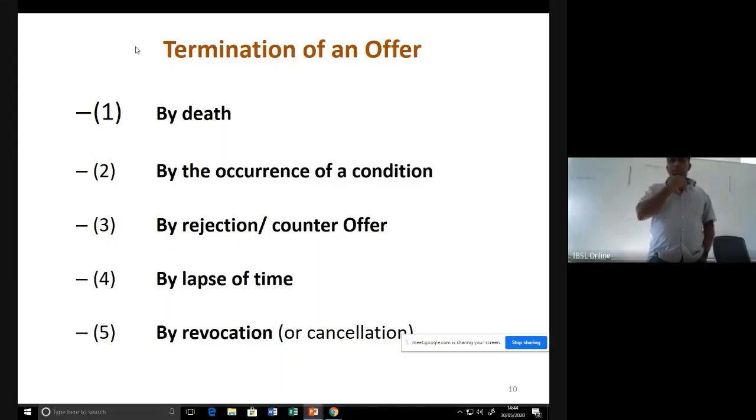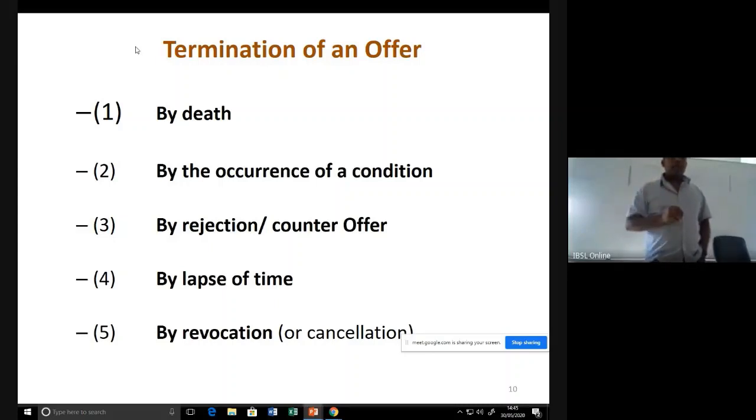So that's one method. The other one is counter offer. Counter offer means, take the same example. I make an offer. I say, Nimal, I sell my car to you for 5 million.